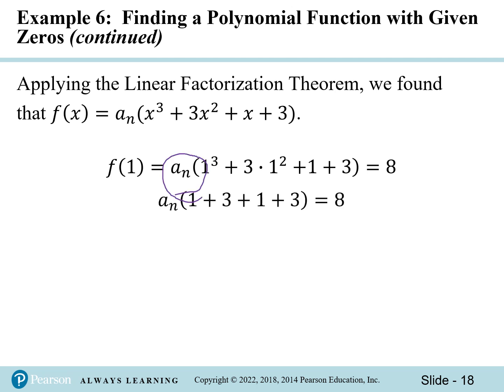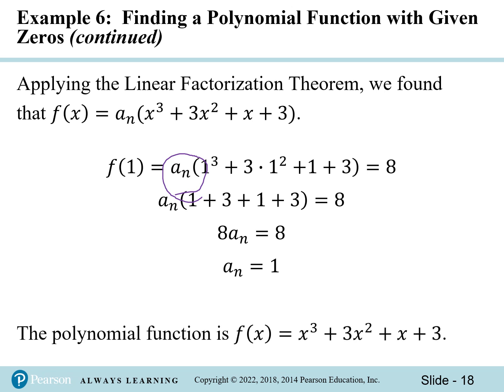So let's solve that. 1 plus 3 plus 1 plus 3 is 8. So a sub n times 8 equals 8, so in this case, a sub n equals 1. Therefore, that polynomial function is just x cubed plus 3x squared plus x plus 3.